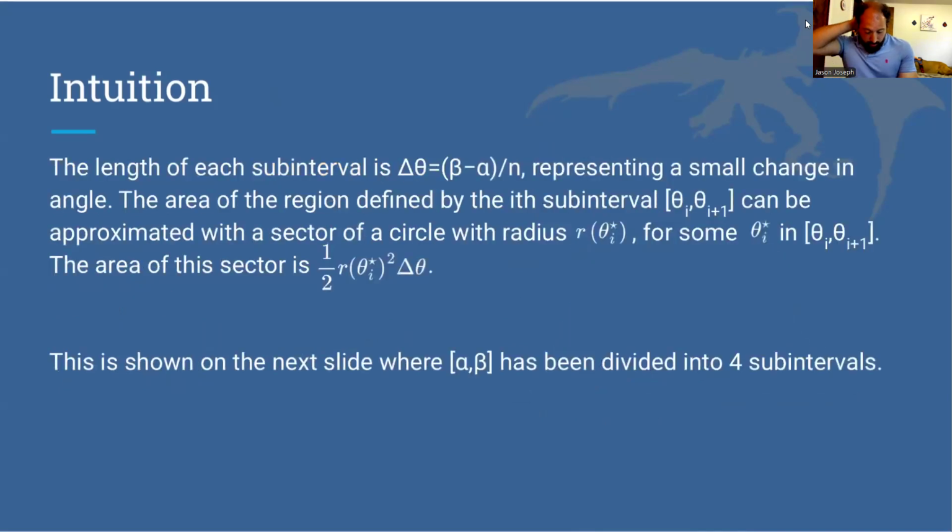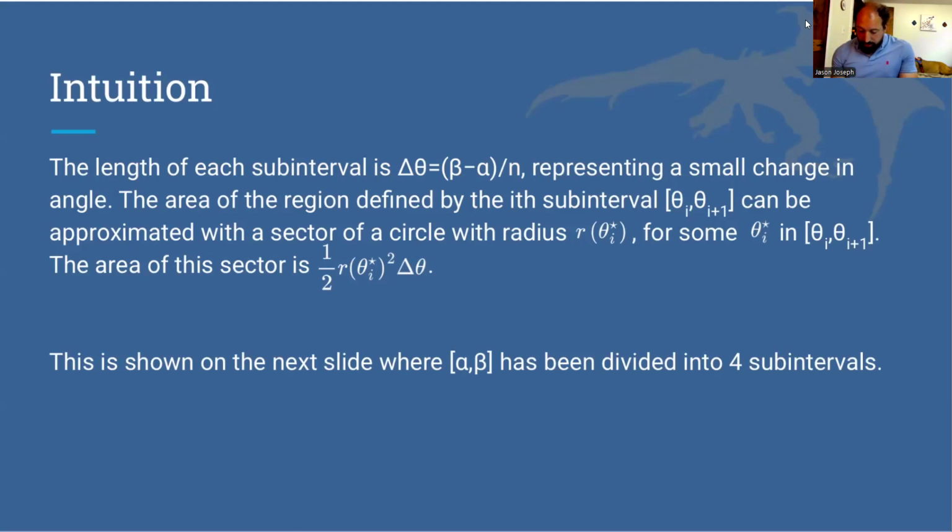When we do our approximation, we're going to be using actual sectors of circles. And just like with Riemann sums for y as a function of x, we have to choose x values to take values of the function for the heights of our rectangles. That's what we did before.